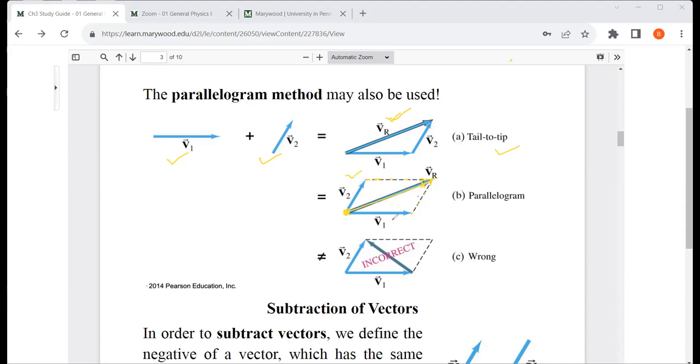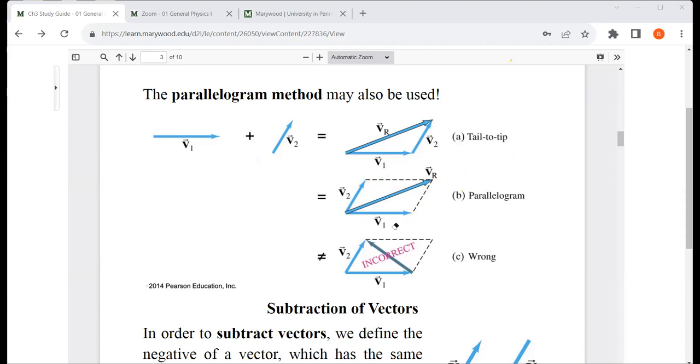Here v1 and v2 are drawn from this point, and then we draw a parallelogram, a rectangle. Then we draw a diagonal from the same origin. The diagonal drawn from the same origin is the resultant, and you see that this resultant and this resultant are basically the same. That's how the tail to tip method and the parallelogram method work.